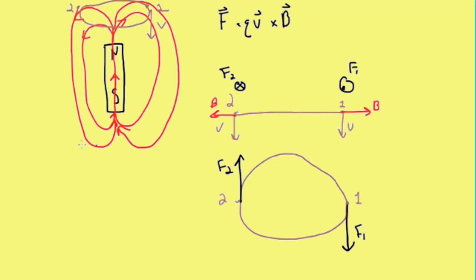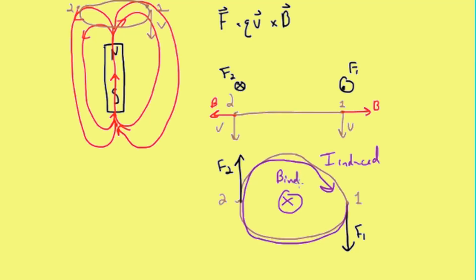So what ends up happening is that we get a net flow of current that's going to go around the loop like this. So that's going to be I induced. And now if we have an induced current this way, then the induced magnetic field due to this current, if we wrap our fingers in the direction of this current, our thumb will point in that direction, and then that will be this way. So this is B induced.